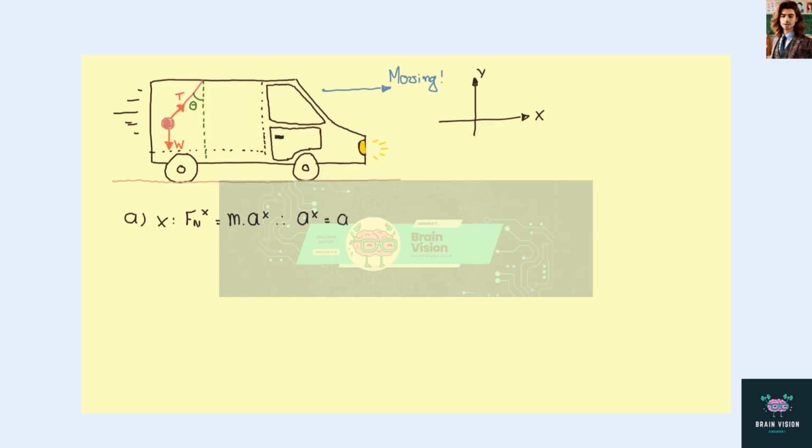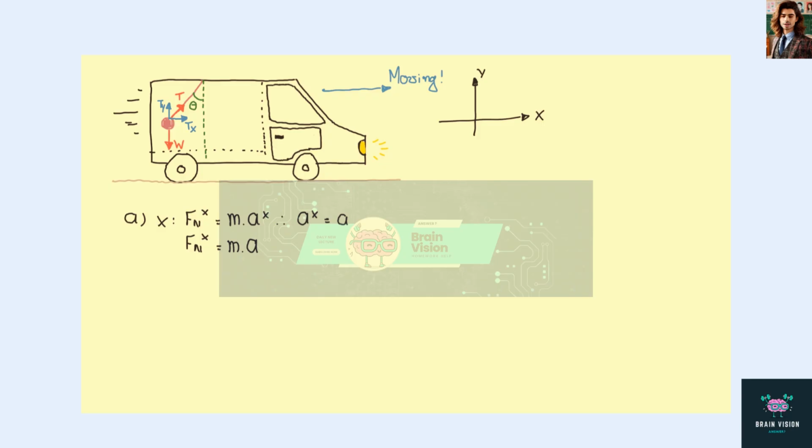So let me call it A. Then the net force in the x direction is equal to the mass of the ball times A. But the net force in the x direction is composed of only one force, which is a component of the tension force. We can decompose the tension force as follows. We can take a horizontal component, which is the x component, and the vertical component, which is the y component.